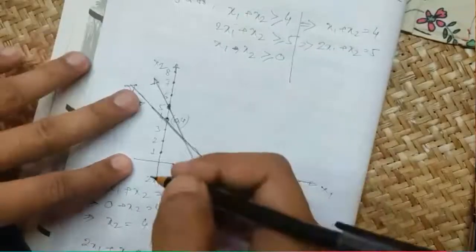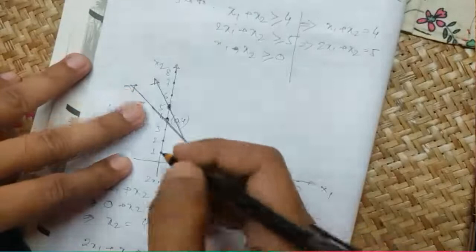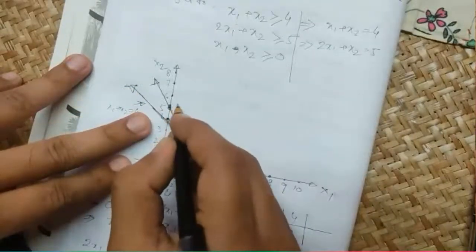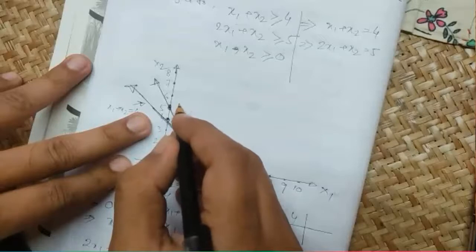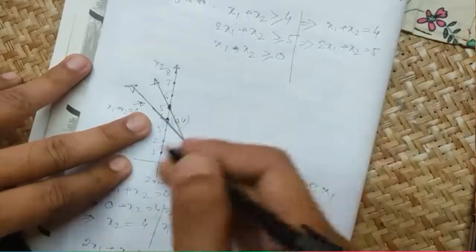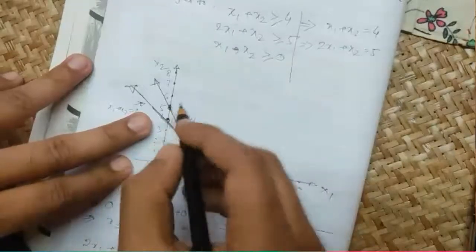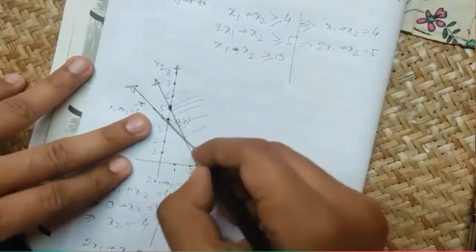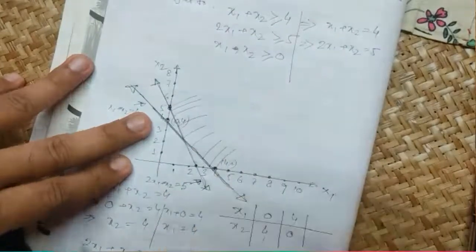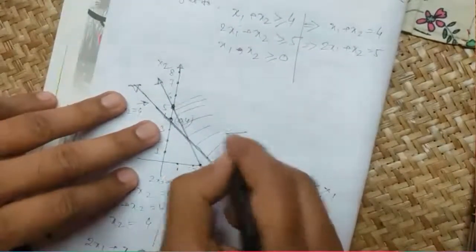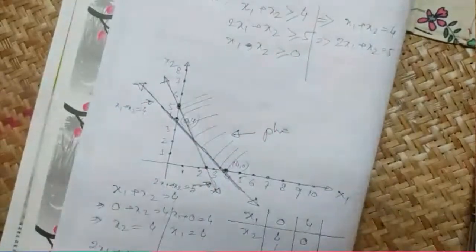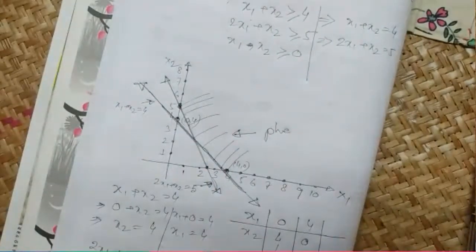Okay, so the feasible region is the outer section. So the optimum will lie somewhere in this feasible region. So this is the feasible region.